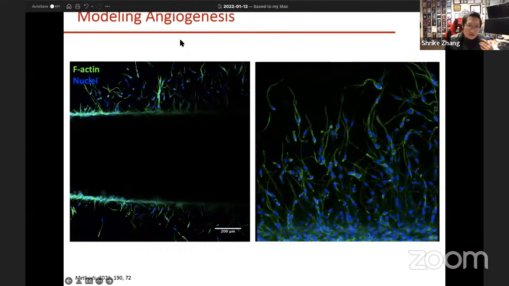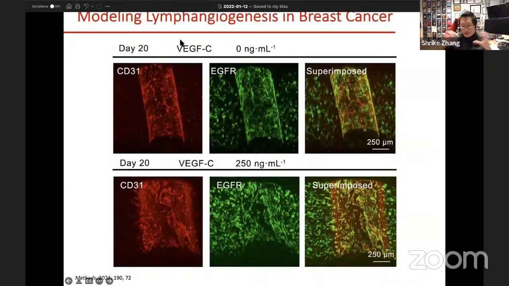So then not only that, you can start to also in the surrounding matrix, right? When you cast that matrix, you can also embed a secondary cell type in there. For example, breast cancer cells. Now you can create a vascularized breast cancer model and look at how the endothelial cells, and in this case, lymphatic endothelial cells, are interacting with the surrounding matrix embedded with breast cancer cells in a VEGF-dependent manner.